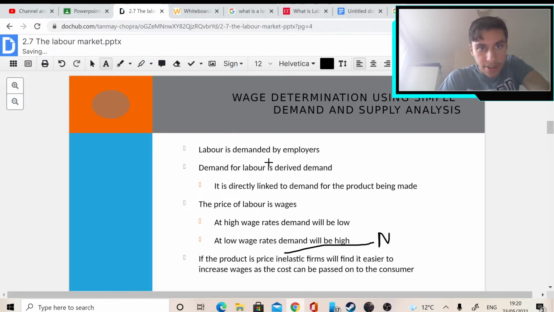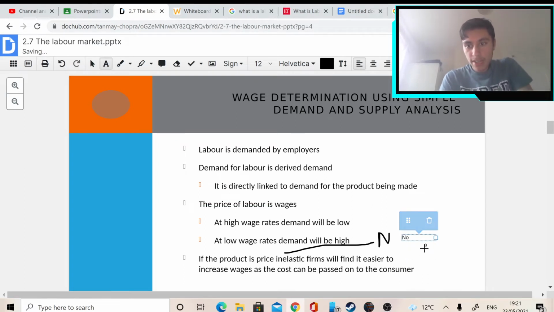Let me draw a text box. So that means a large change in price causes minimal change in demand for the product.